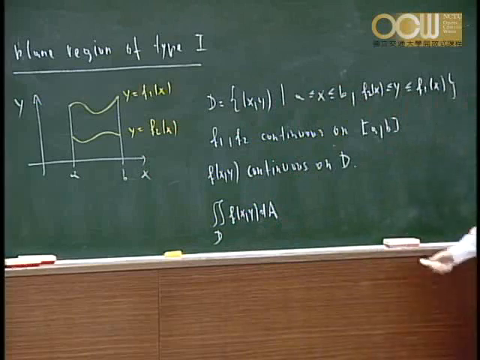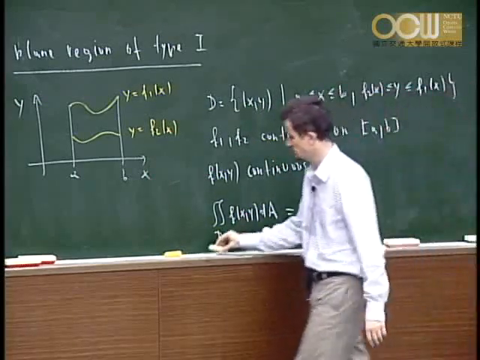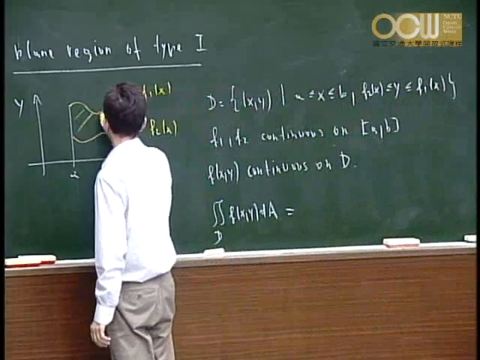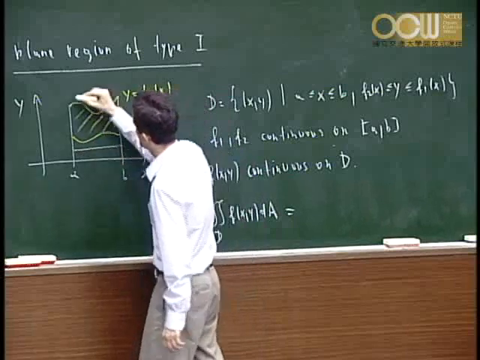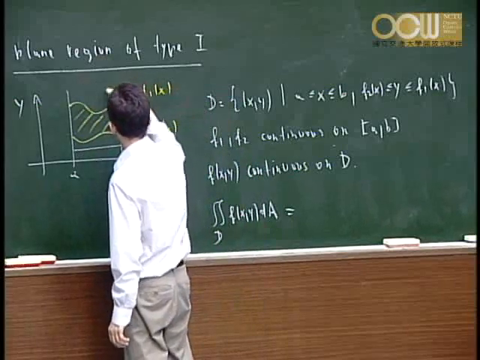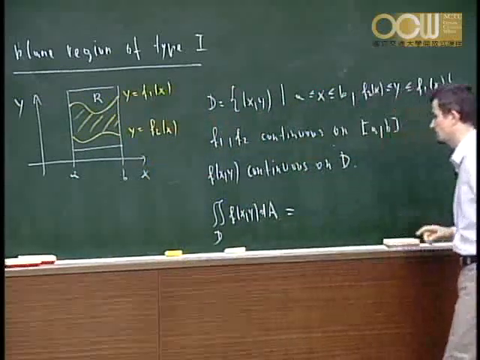According to our definition, we have to enclose the region, which is bounded, into a box. We have several choices. For instance, choose this here and this here. So this is our rectangle.